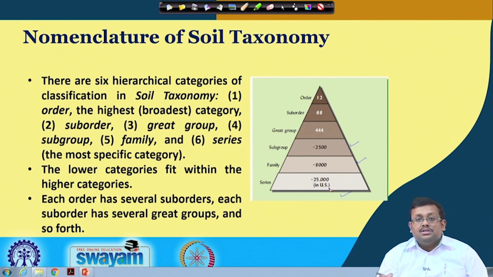There are 25,000 soil series identified in the United States, and more or less 8,000 families of soil identified so far. There are 2,500 subgroups. Above the subgroup there are great groups, around 444, then 68 suborders, and finally there are 12 orders. So, order is the highest category in the soil taxonomy.